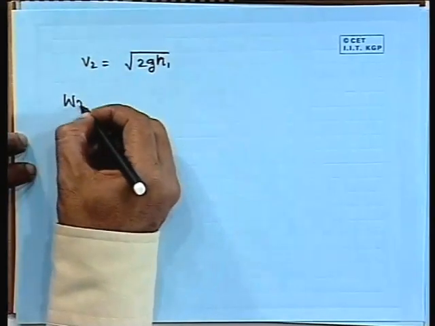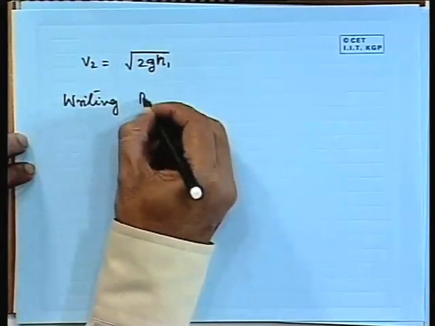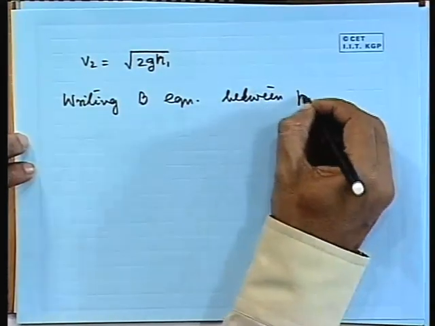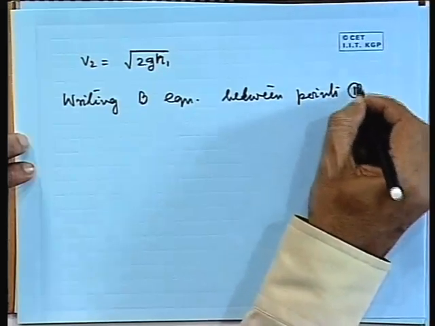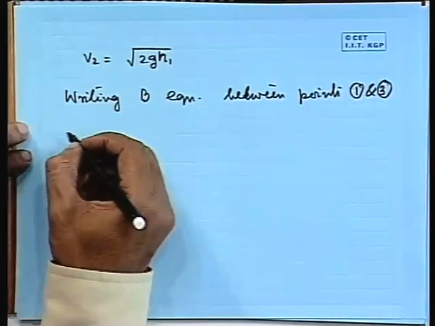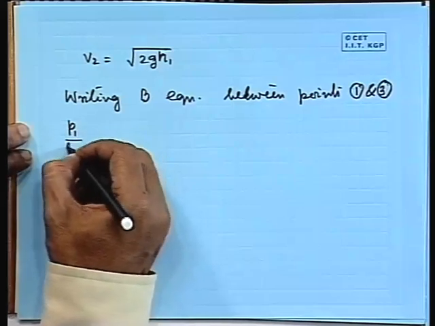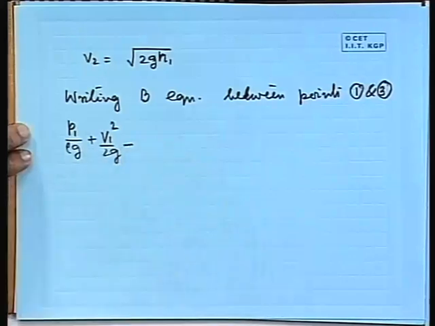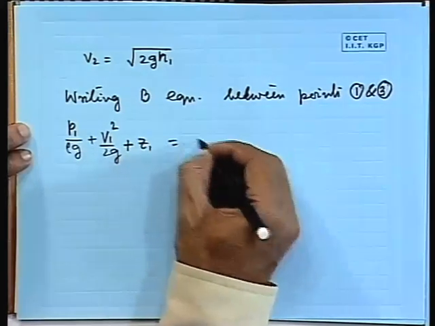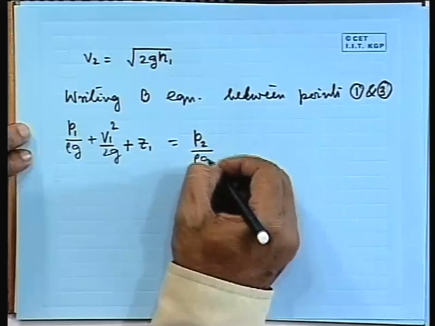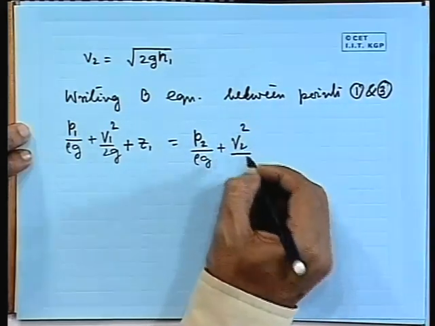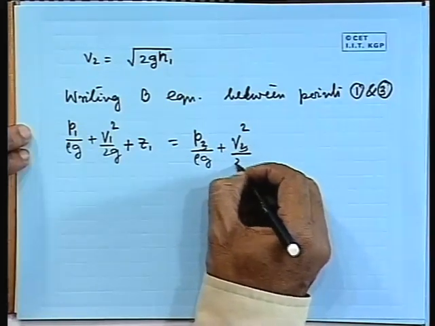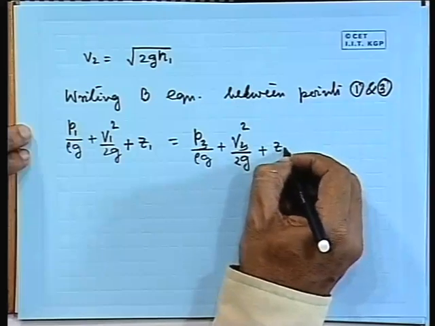Then writing Bernoulli's equation between points 1 and 3, we will have P1 by rho g plus V1 square by 2g plus Z1, that is equal to P3 by rho g plus V3 square by 2g plus Z3.